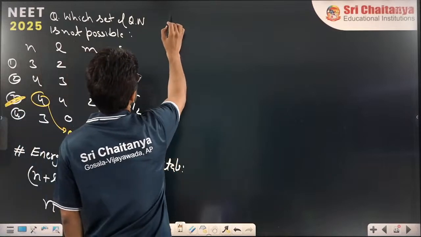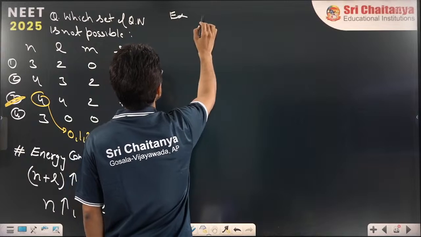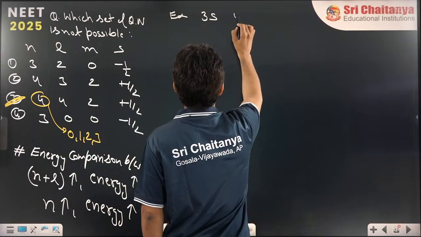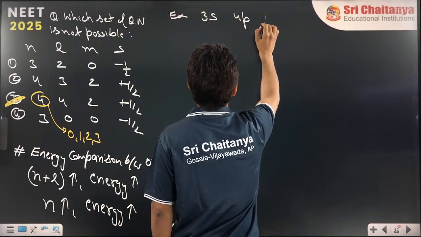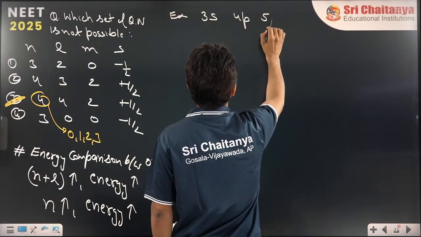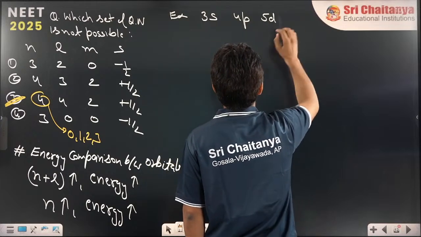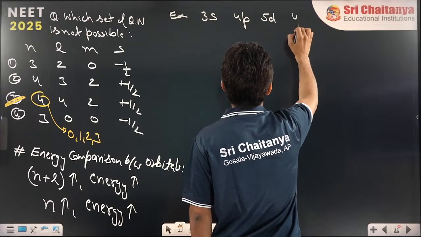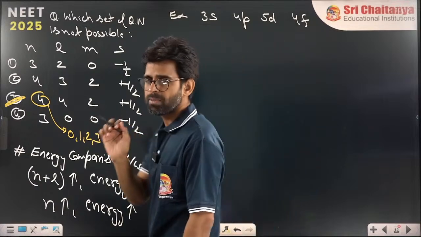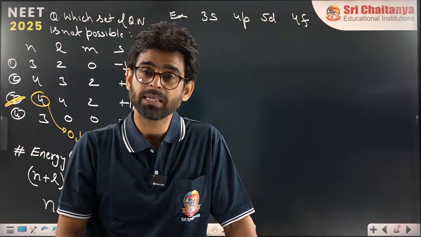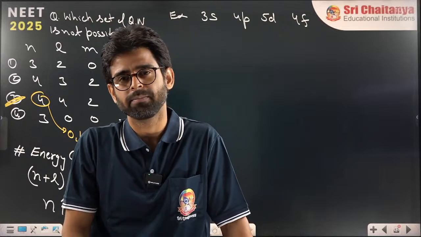If I take one example, we have 3s, 4p, 5d, and 4f. I want to compare the energy of these 4 orbitals, and it's a multi-electron atom.